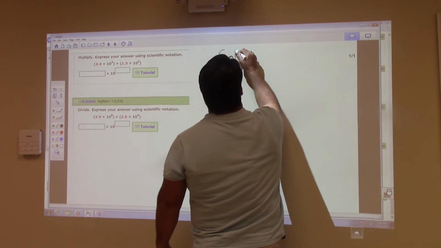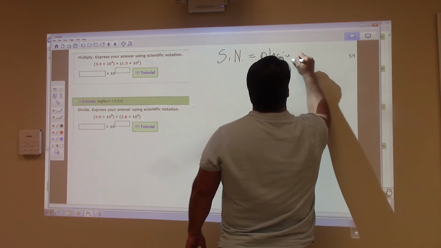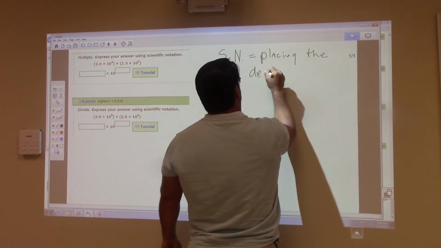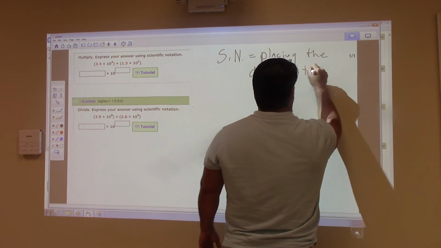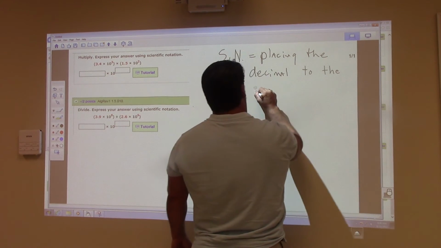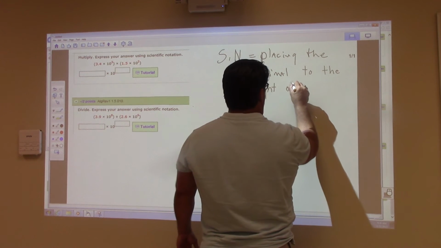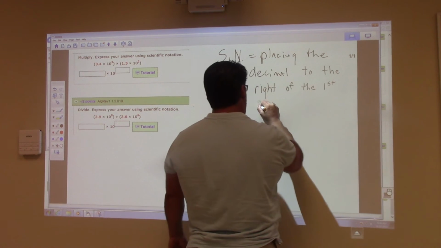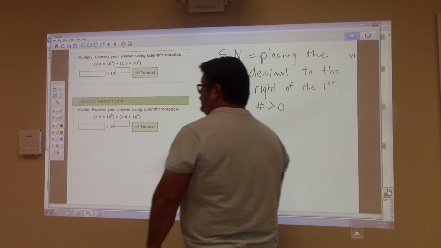Scientific notation is placing the decimal, this is a Huberdism definition, to the right of the first number greater than 0.